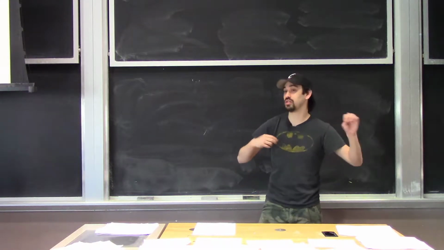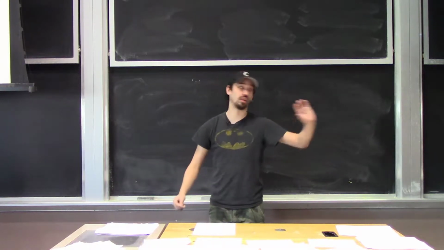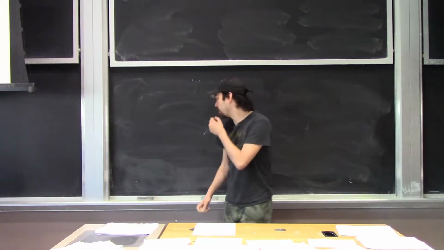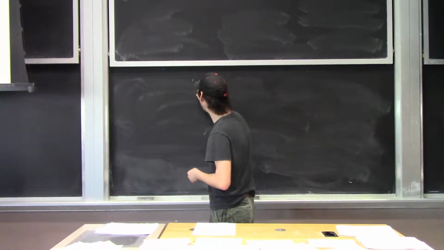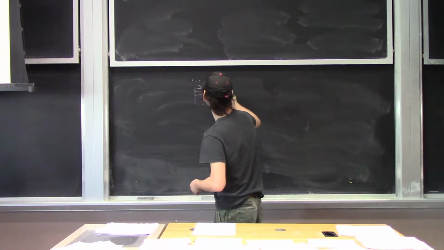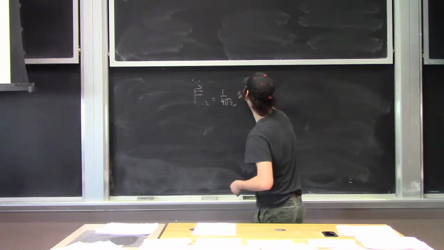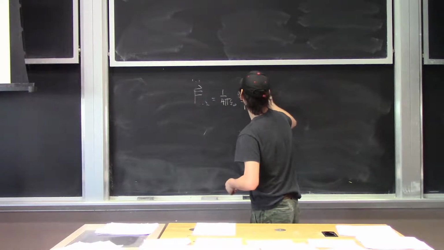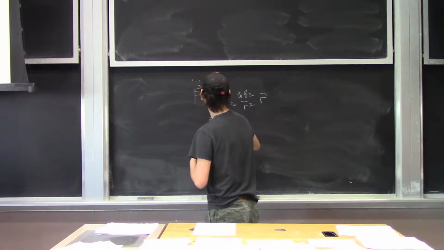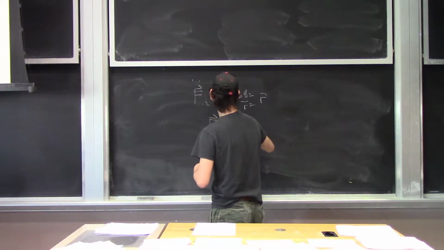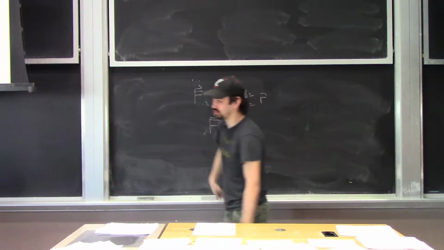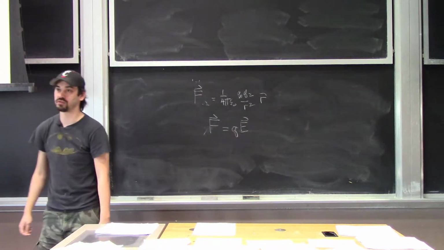You need to know that dq is lambda dl, know what lambda is, what dl is for different situations. But I'll give you Coulomb's law. I'll give you the relationship between force and electric field. I'm not sure if I'm going to tell you how to do this with distributions of charges.